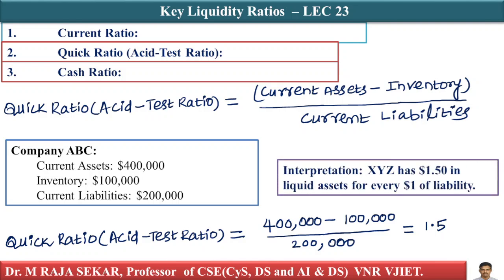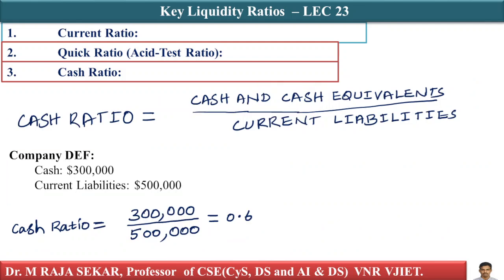XYZ company has $1.5 in liquid assets for every $1 of liabilities. The acid test ratio or quick ratio measures the ability to meet obligations without relying on inventory.